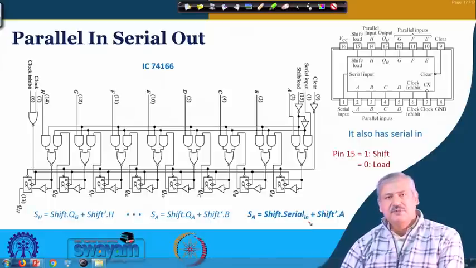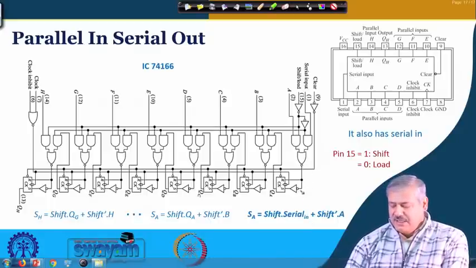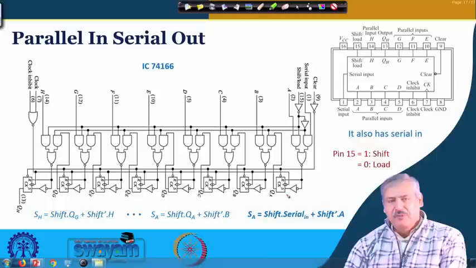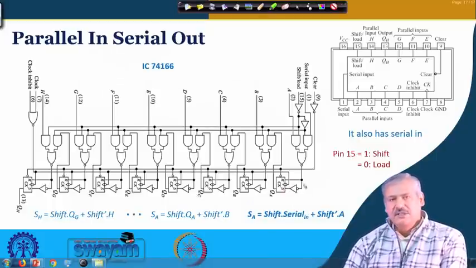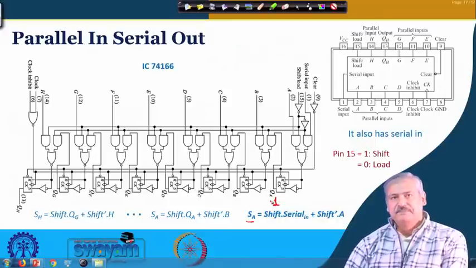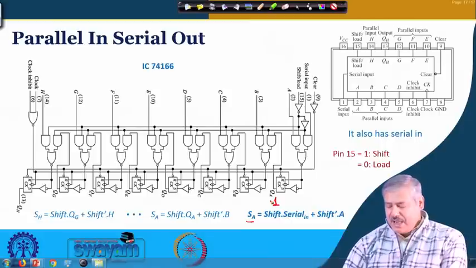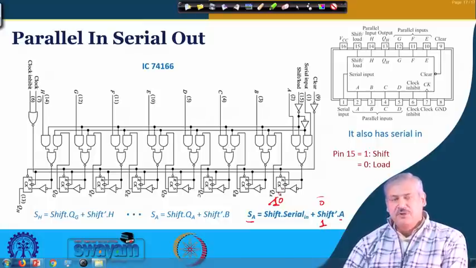When a clock trigger comes, at the input of the S flip flop over here, SR flip flop over here, and R is just taking the invert of S. If shift is equal to 1, serial in will be going as the input of SA. And if shift is equal to 0, so 0 bar, this is 1, so A will be going as input of SA. Is it clear? This part you understand?